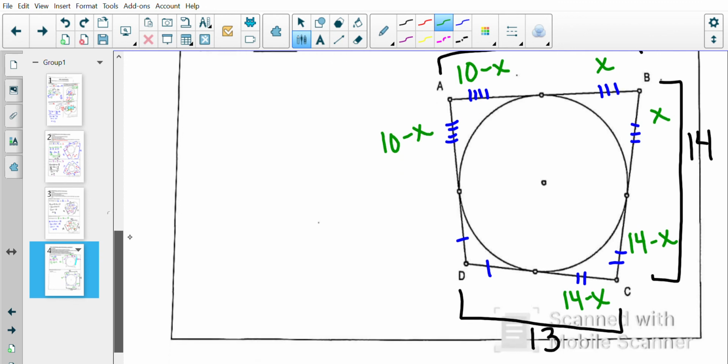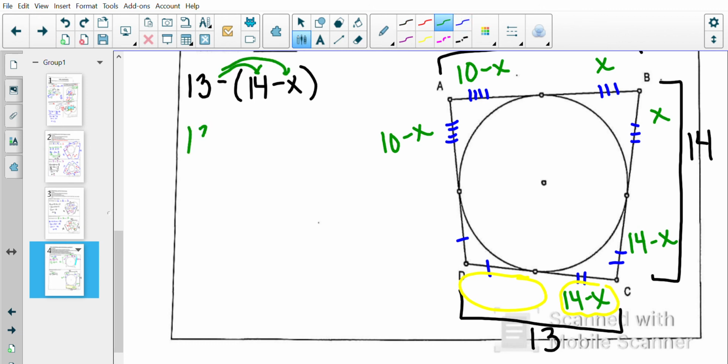Now we can't go any further, so let's go back to the one part that wasn't labeled. What was not labeled? D to the dot. So remember, generally we're going to do 13 minus that first part, but that first part's not X, so we have to write this out. This is going to be 13 minus parentheses 14 minus X. So let's distribute that negative in.